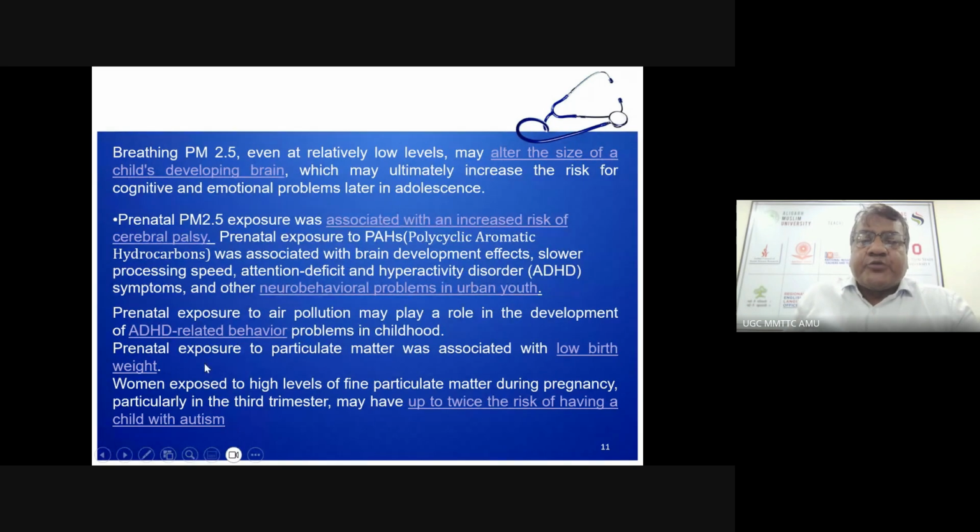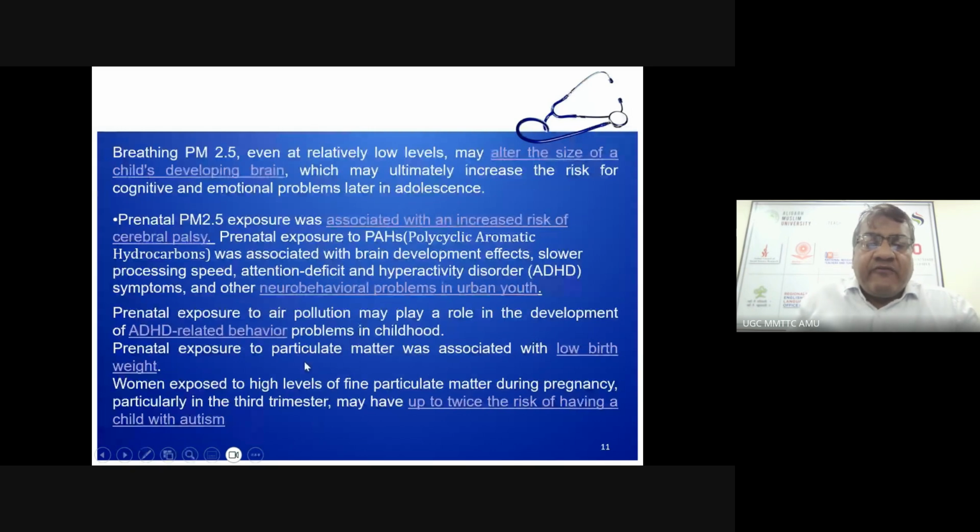Now, prenatal exposure to the particulate matter was associated with a lower weight also. Women exposed to the high level of the fine particulate matter during pregnancy, particularly in the third trimester. Basically pregnancy is divided in 3 trimesters. First trimester, first 3 months, second trimester, next 3 months, and the third trimester, which is the last 3 months.